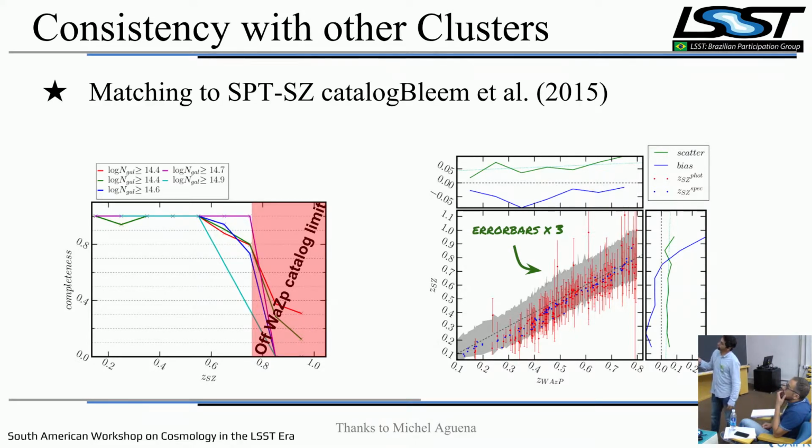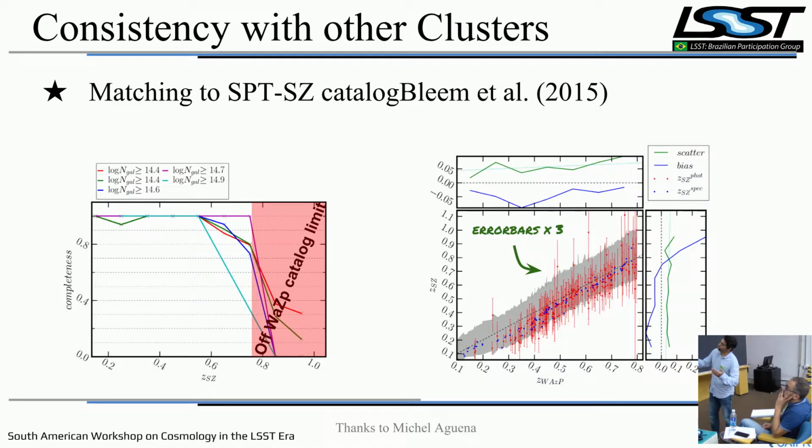All right. So these are a few examples of the WaZP catalog matched to the SPT clusters by Bleem et al. This is completeness as a function of redshift, thanks to Michel Aguena here. I stole it from his talk two weeks ago at the DES meeting. So you have a high completeness here. Once again, we are matching the WaZP catalog to the SPT catalog and checking how it behaves as a function of different richness or mass proxy.